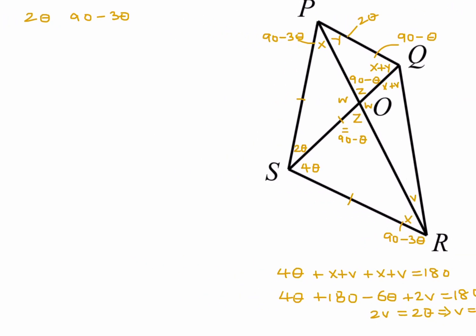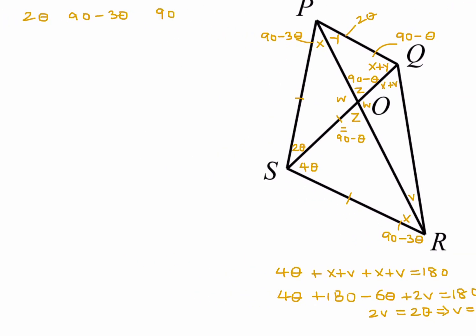W was 90 plus theta. All right, 90 plus theta. And then in this triangle here, I have 4 theta, x, which was 90 minus 3 theta, and z, which is 90 minus theta.